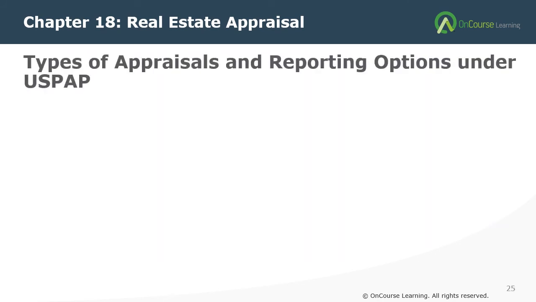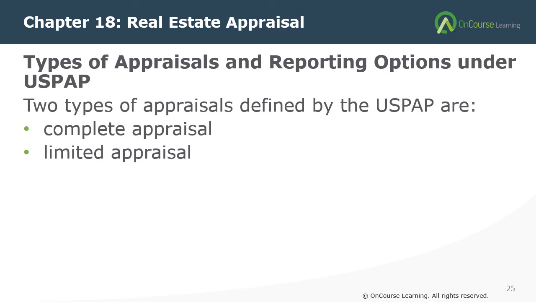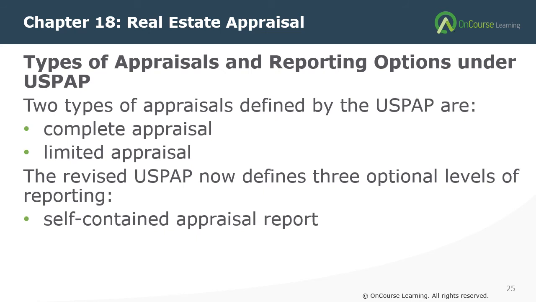When it comes to reporting, there are two types of appraisals. One is a complete and the other is a limited appraisal. And there are three levels of reporting: a self-contained report, a summary report, and a restrictive report.